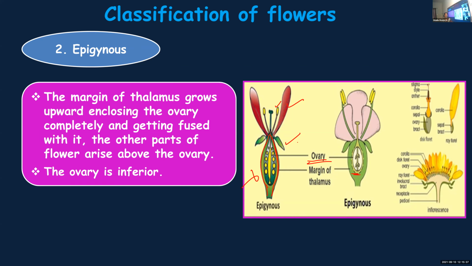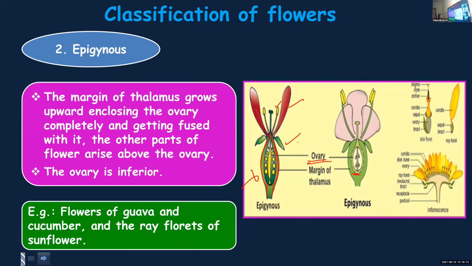The gynoecium is occupying the highest position. All the other parts, stamen, petals, sepals, will be beneath that. But here, all the parts other than the ovary will be above it. The thalamus grows upwards and completely encloses the ovary and fuses with it. All the other parts will be above the level of the ovary.